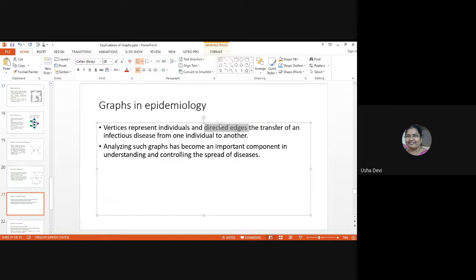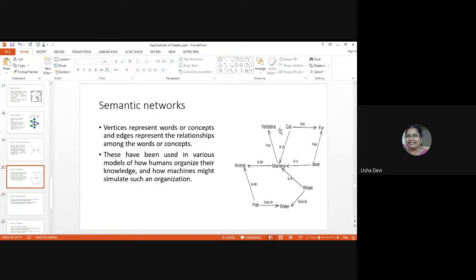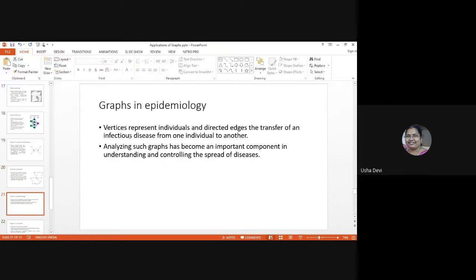There should be a transfer of an infectious disease from one individual to another individual. There is one individual, then this is another individual, and there is a transmission from one to another if it is an infection or infectious disease. That represents epidemiology.